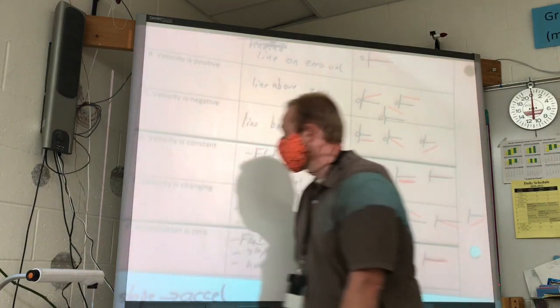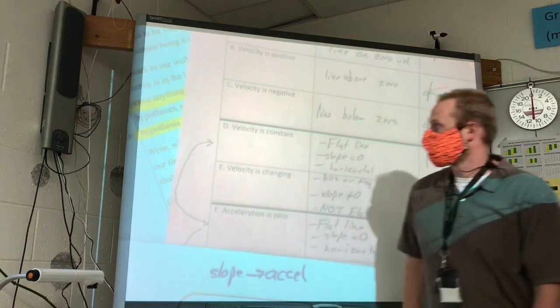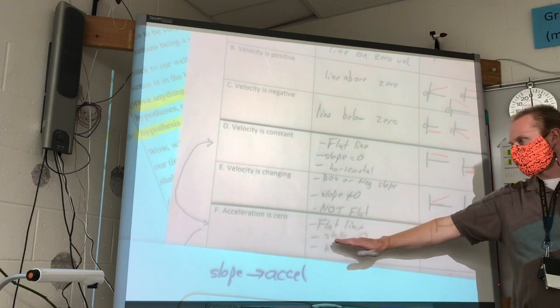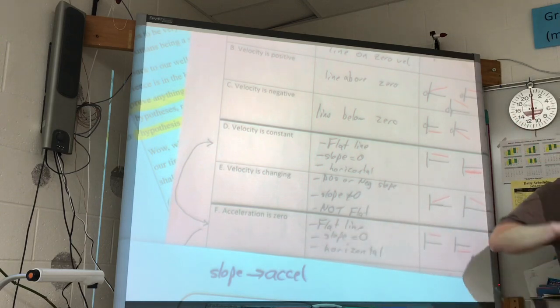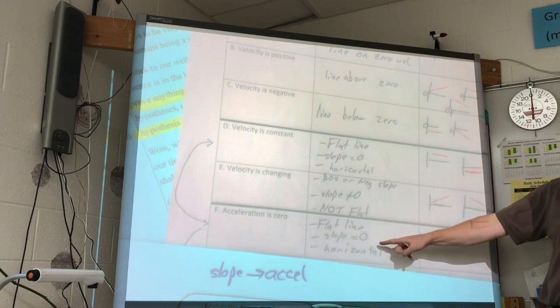Now, the statement on the board that says if your velocity is constant, there is no acceleration, or acceleration is 0. My velocity is constant, my acceleration is 0, which means my object is not accelerating. And remember, the slope of a velocity versus time graph tells me acceleration.